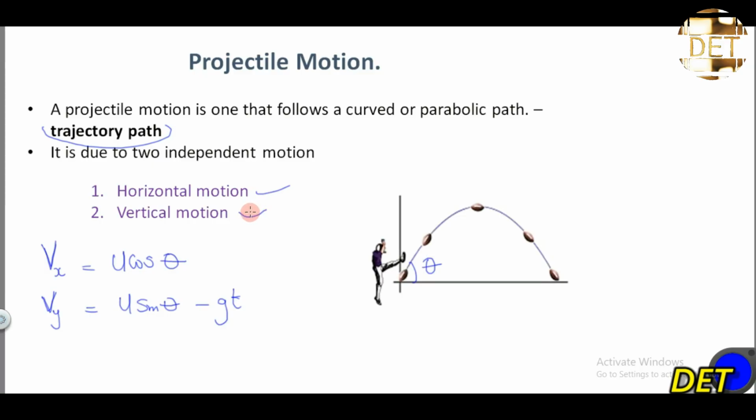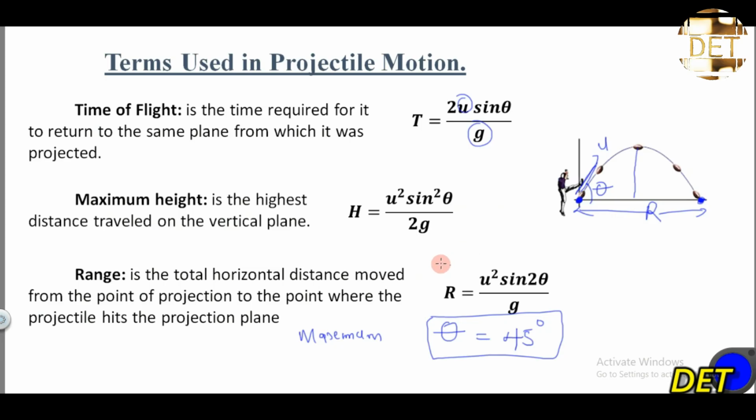And there is a velocity that drives this motion. The one that drives the horizontal motion is the horizontal velocity, given as u cos theta. The one that drives the vertical motion is the vertical velocity, given as u sine theta minus gt. It is minus because the body is moving against gravity, upward, right?